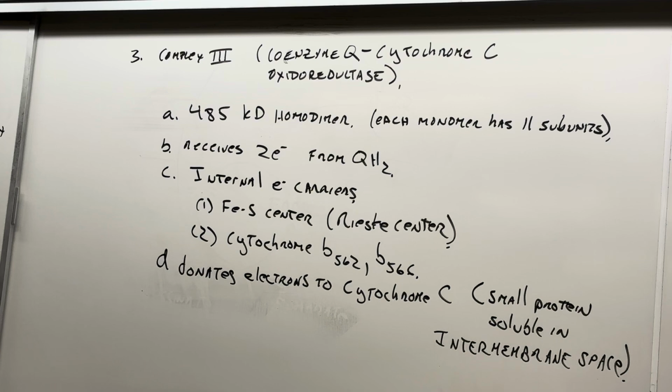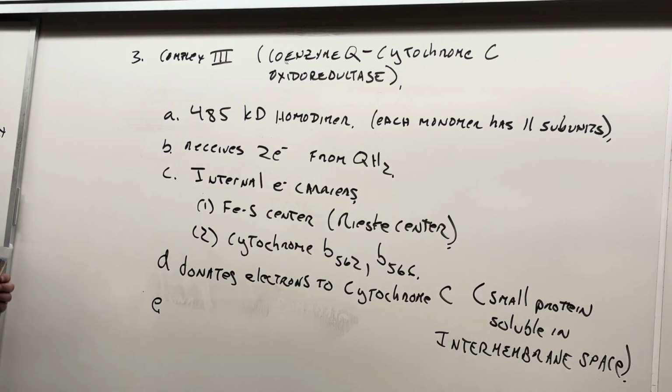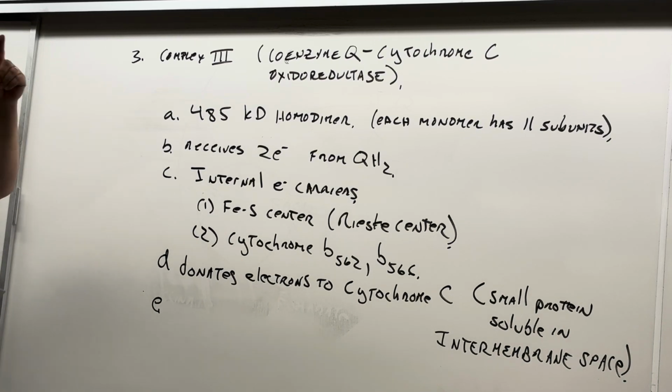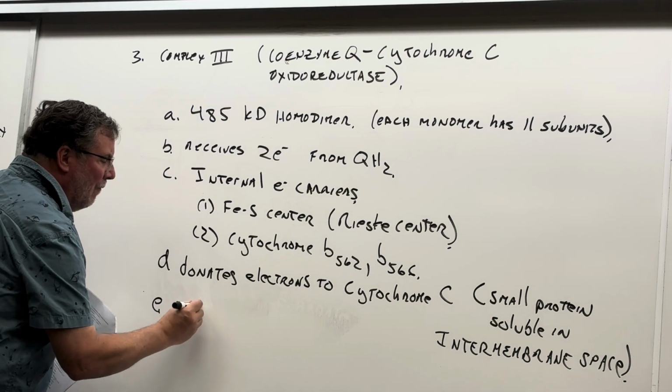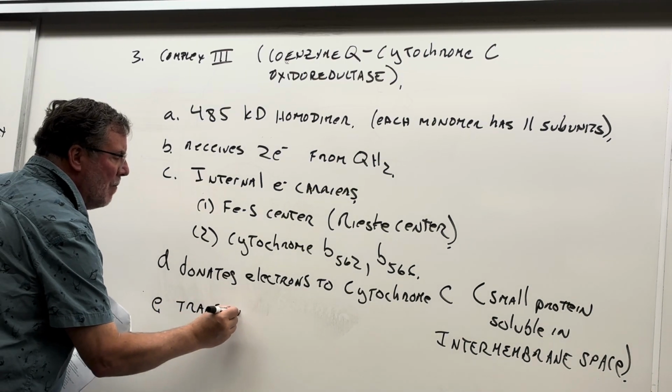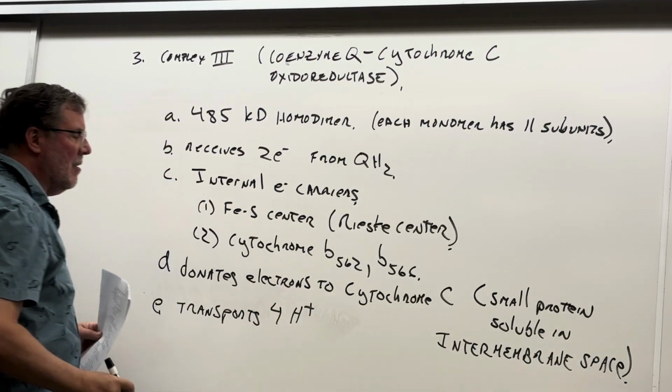Oh, and then I guess the important thing is it's really what's known as the Q cycle. We're going to get the details of the Q cycle. It's basically the interaction of QH2 with complex 3, and it's a multi-step process, but basically results in the transport of 4 H plus.